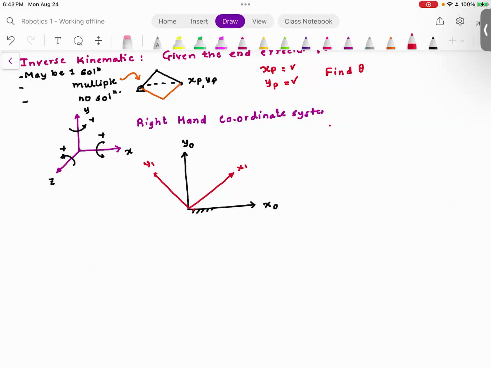Now please note, XO and YO, these are the old or reference axis. And X1 and Y1, these are the new or rotated axis.